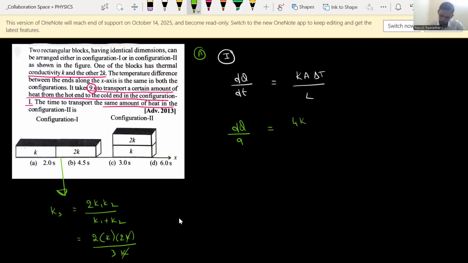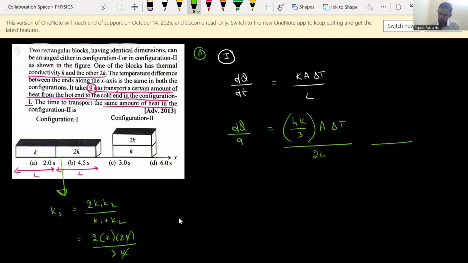So K equivalent is 4K by 3. For the first configuration I have written the A value as A only, delta T whole divided by the length. If you observe in series combination, each length is L: here to here is L and here to here is L. Treat the two given objects as a single object because we are writing the total heat flow per second, so the total length is 2L.